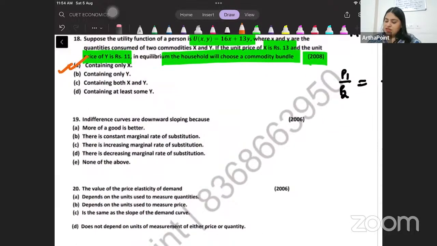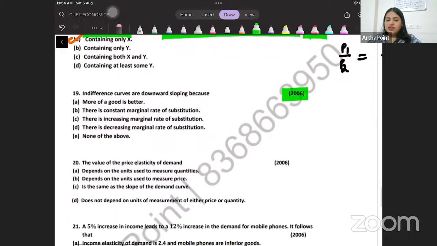It says indifference curves are downward sloping because. So this question, it came in 2006 paper. And we know that indifference curves are downward sloping. देखो दो चीजें हैं, बहुत ध्यान से समझना. Many of 90% of the students will go ahead and say more of the good is better.